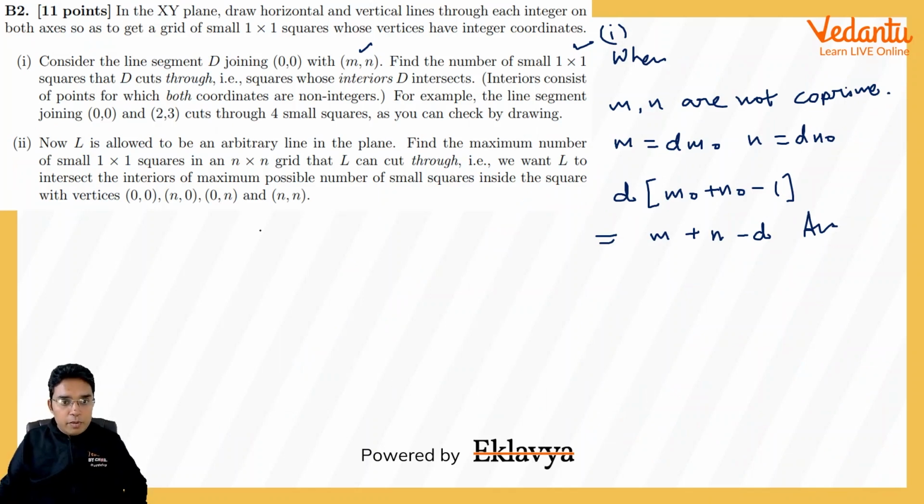Okay, now coming to the second part. The second part says, now L is allowed to be an arbitrary line in the plane. Find the maximum number of small 1 into 1 squares in the n into n grid that L can cut through. That is, we want L to intersect the interior of the maximum possible number of small squares inside the square with vertices (0,0), (n,0) and (0,n).